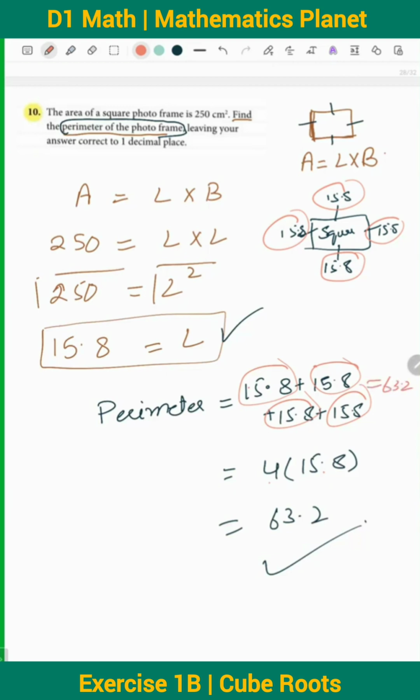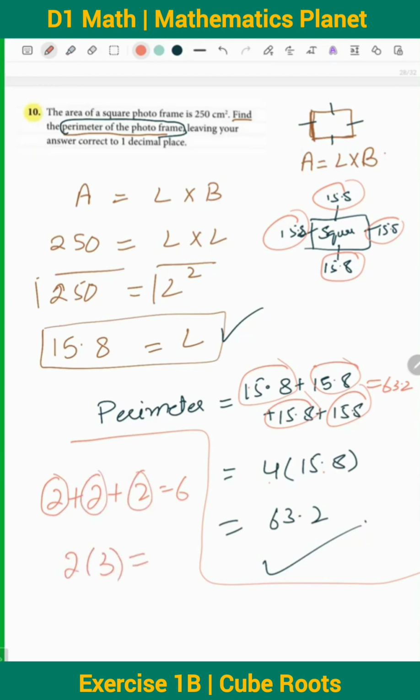Because what happens to you? 2 plus 2 plus 2 is equal to? 6. So how many times is 2 coming? 1, 2, 3 times. So 2 times 3 is equal to? 6. So this is what I have done. Okay, got it, miss.